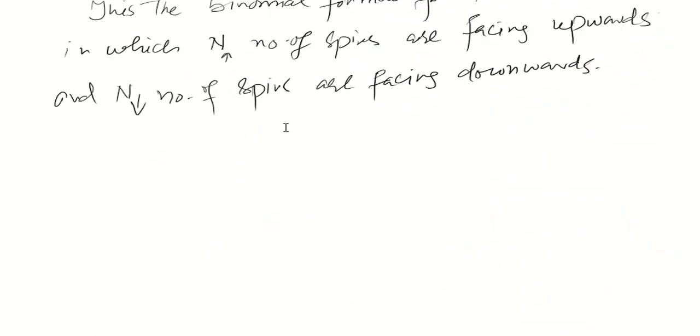So now let's define n up. We can define it as n half plus s. So s is a number, we call this number spin.